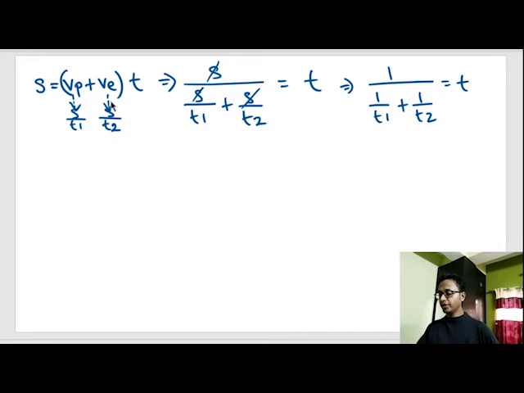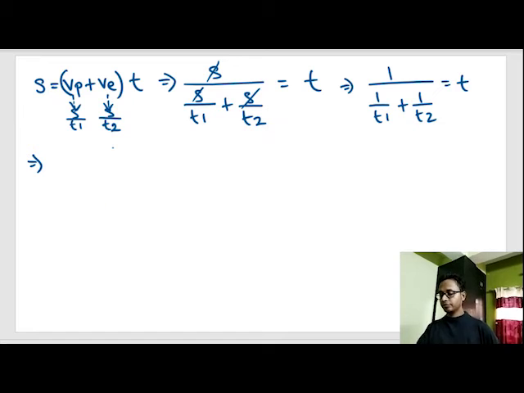If we simplify this, I'm doing it a little bit quicker: 1 by t1 plus t2 by t1 t2, and this t1 t2 will go up. So I'm writing it all together at once.